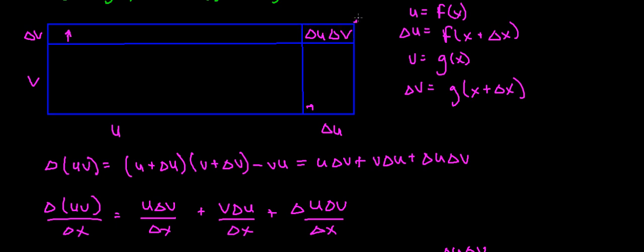So if this goes to 0 this way, and this goes to 0 this way, the change in u and the change in v are going to become very, very small. So it'll be like 0.01, and then 0.001, and then 0.0001. And when you have a really small number times a really small number, then you get a really, really small number. So this term will go to 0.